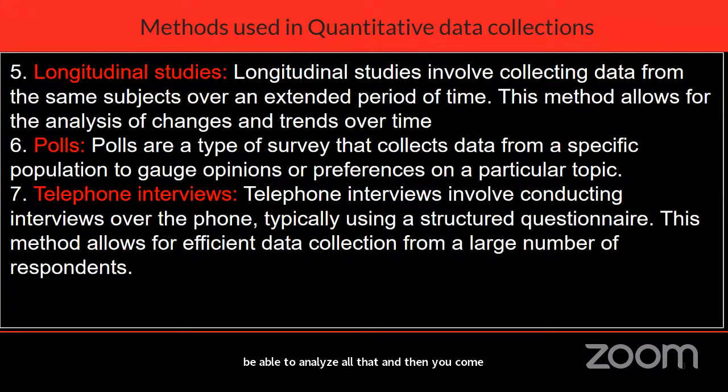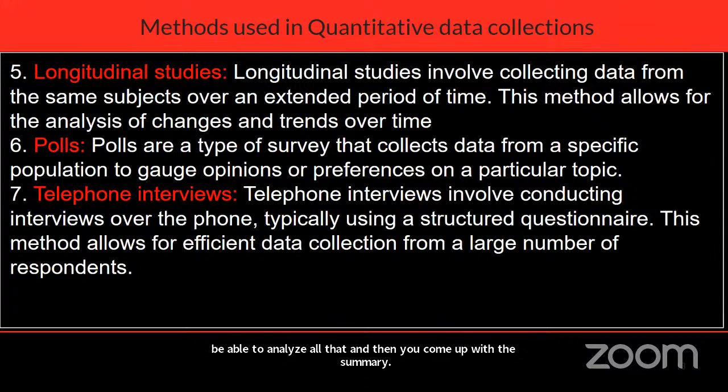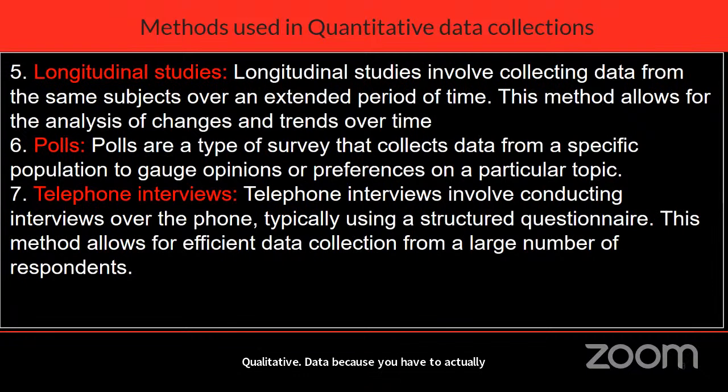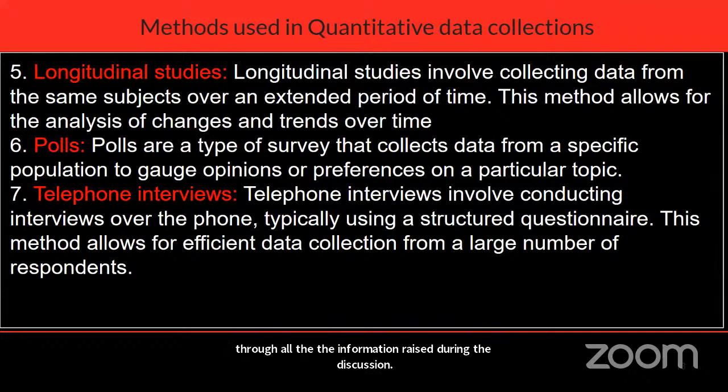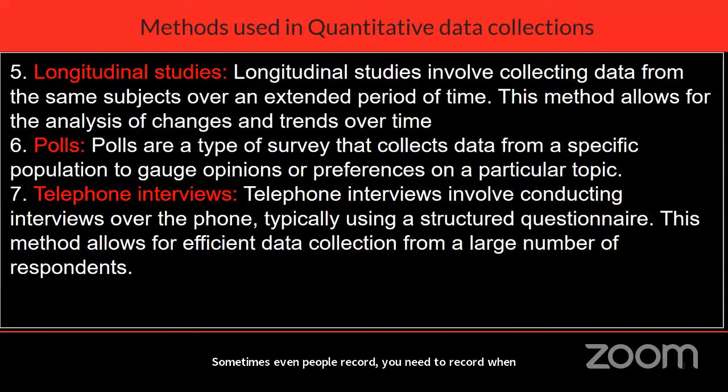It is actually difficult to analyze qualitative data because you have to go through all the information raised during the discussion. Sometimes people even record. You need to record when you are doing a focus group discussion, because if there's something you missed or didn't write, you can listen to the audio and figure out what that person actually said.